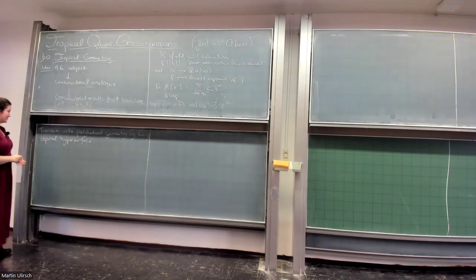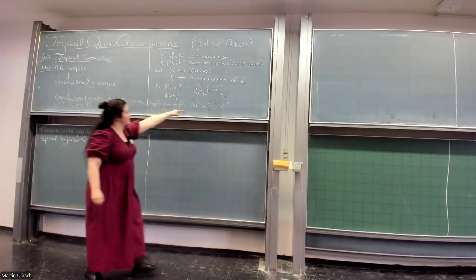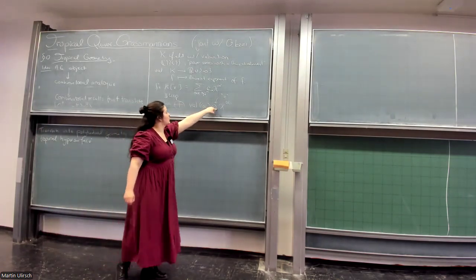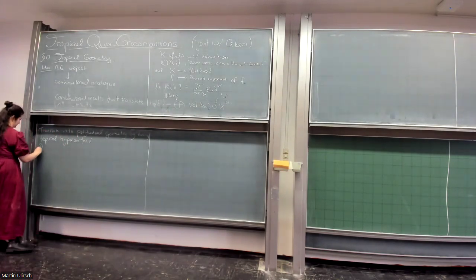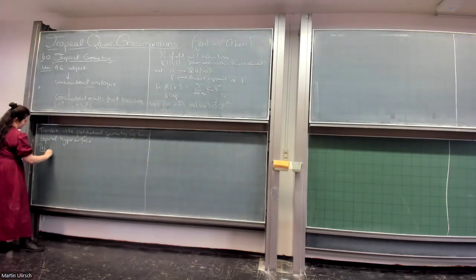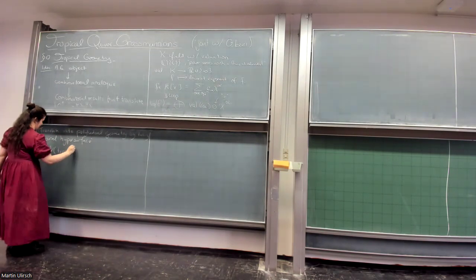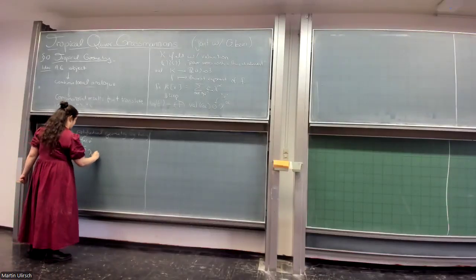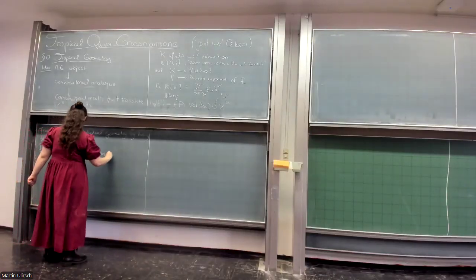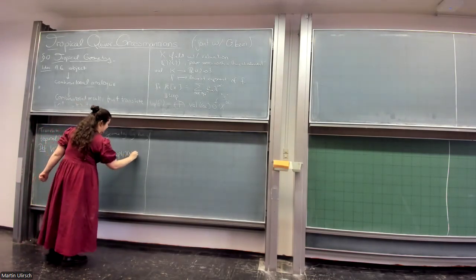And this tropical hypersurface is just the set of points, the set of entries for x, where this minimum is attained at least twice. So V of a tropical polynomial is the set of x such that the minimum in trop f of x is attained at least twice.